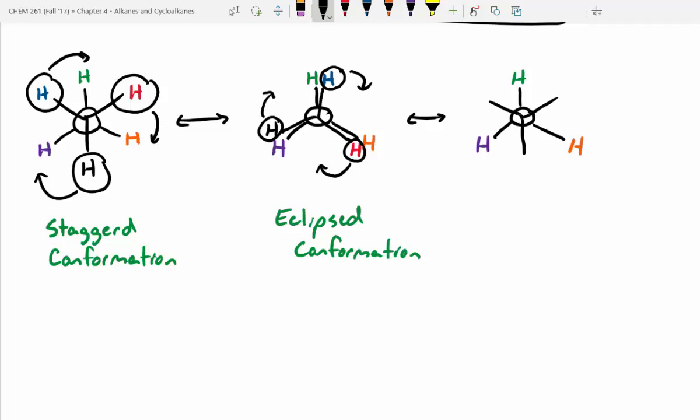Now we have to again determine which colored proton goes where. How much are we rotating? Just 60-degree clicks. In fact, I'll write that in the arrows just so we can keep track of it.